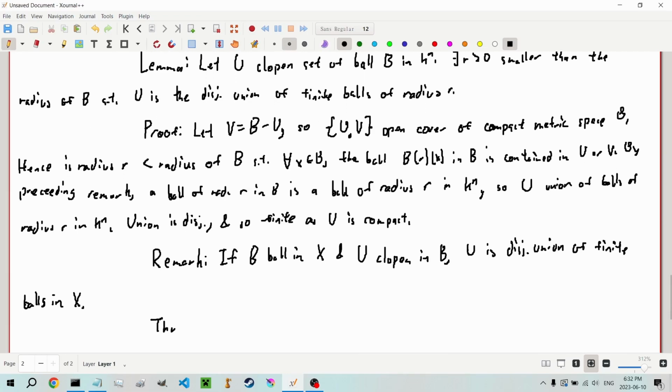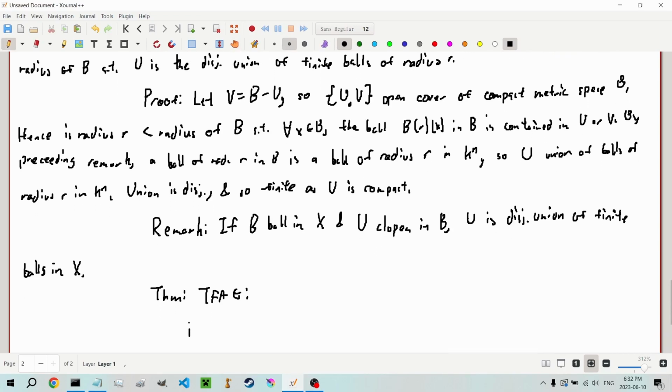And this brings us to a theorem, which is another following our equivalent. Our first condition is that X is paracompact, which I'm looking up what that means.